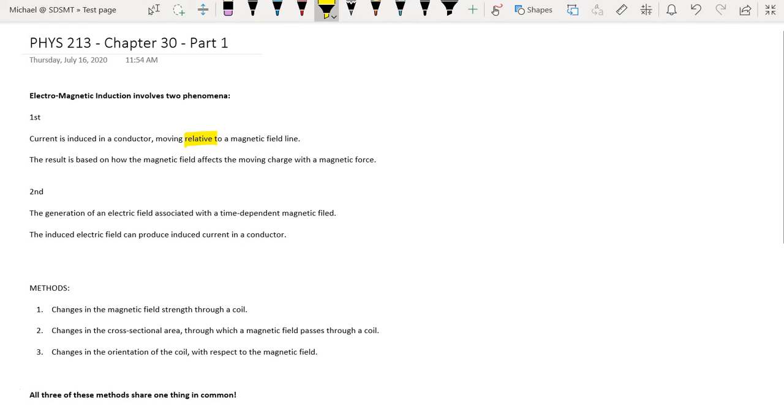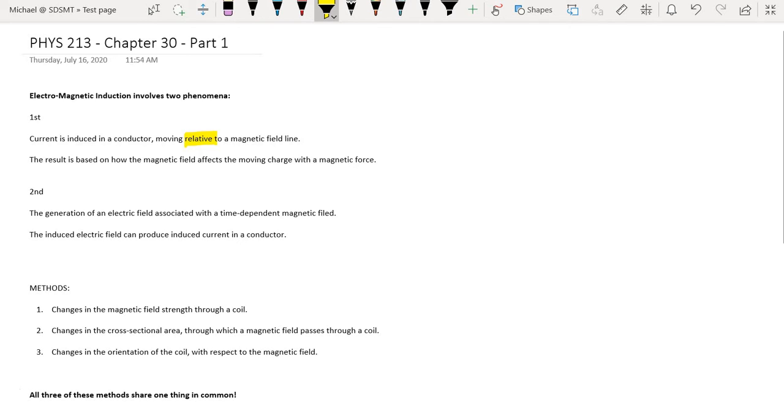And that's been the big driving idea behind how magnetism and electric charge relate to one another: charge has to be moving. And so the result is based on how the magnetic field affects the way that those charges move by producing a magnetic force. And we saw the equations for magnetic force back in chapter 28.